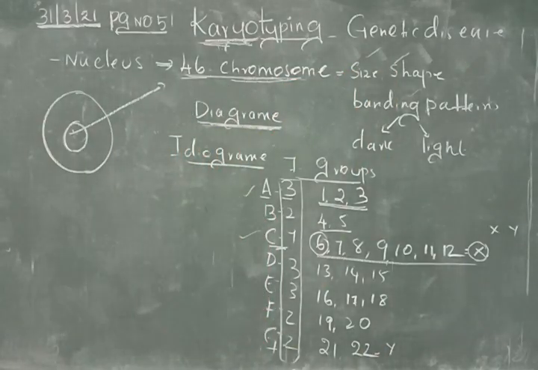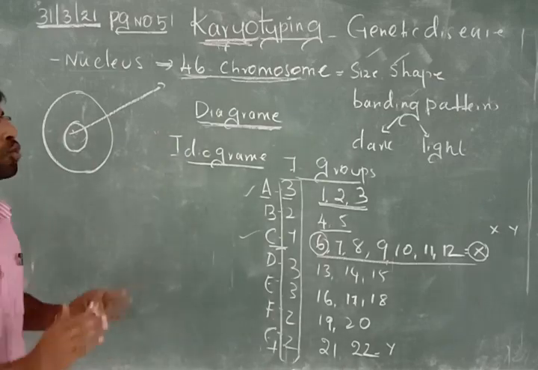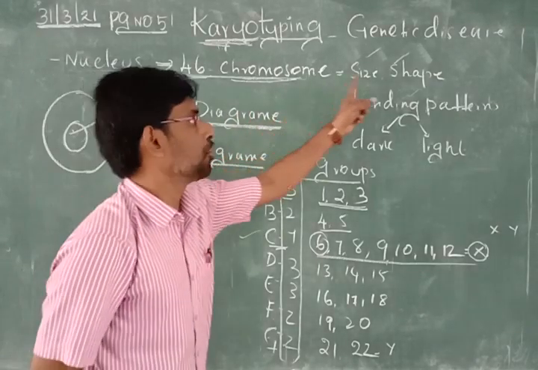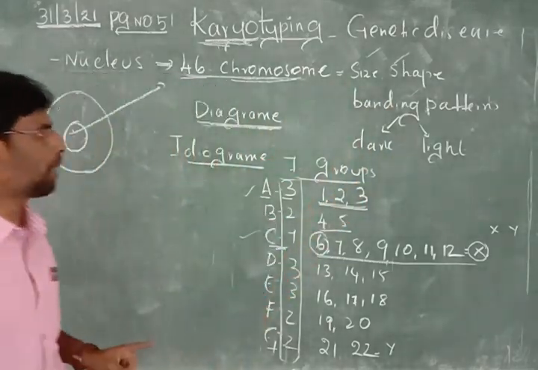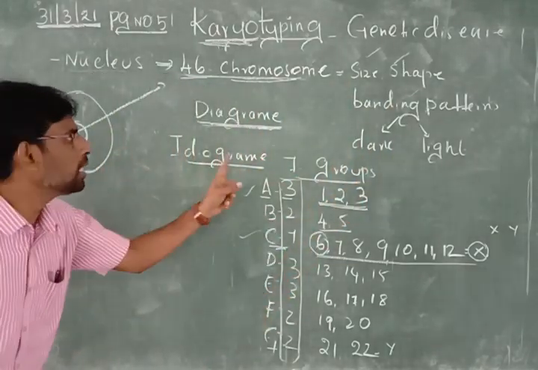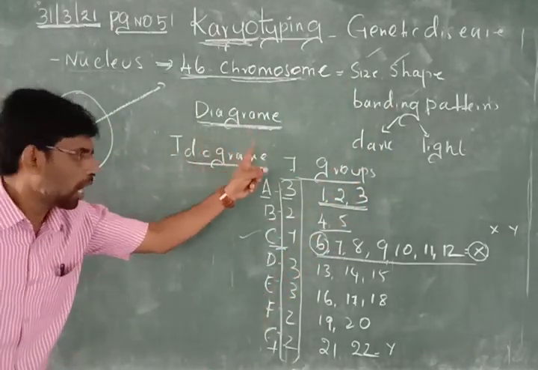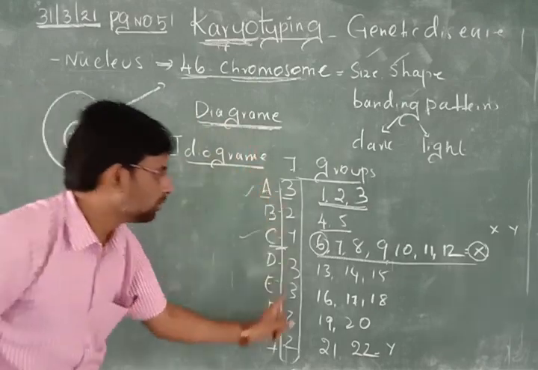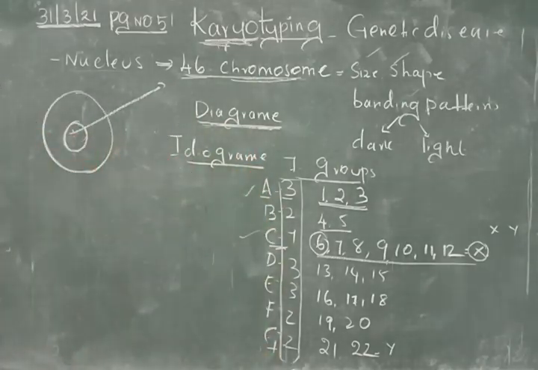Inside the nucleus we have 46 chromosomes. So we remove these 46 chromosomes, and under the microscope, based on the size, shape and banding pattern, the chromosomes are arranged in the form of a diagram under 7 groups. So we have what is called an ideogram.